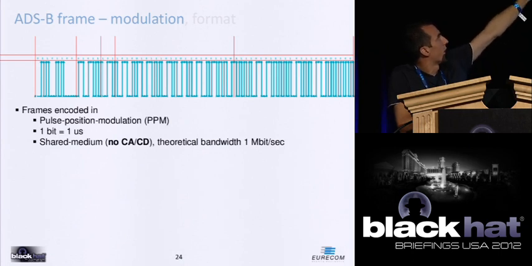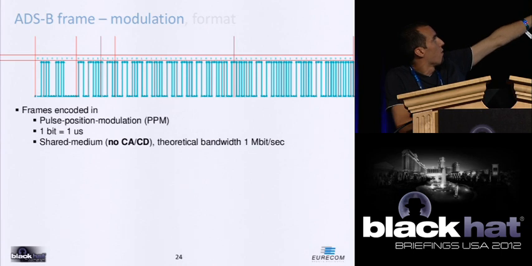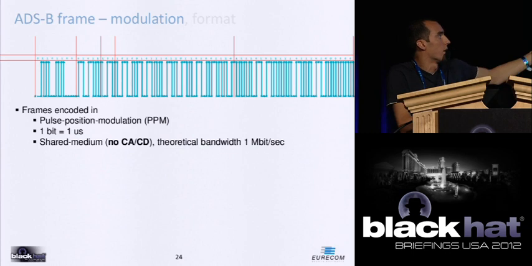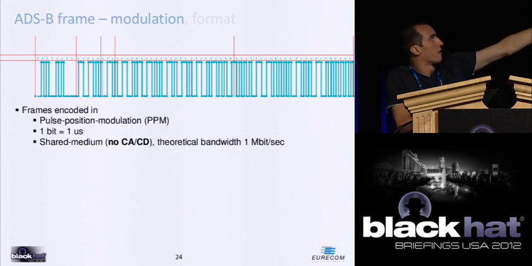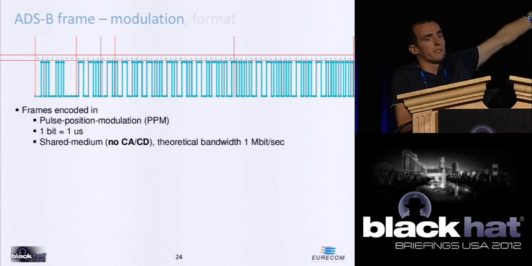For example, if you look at the second red section, there's 0, 1, 0, 1, 1. The first bit is 0 because it has a low to high transition, and the second bit is 1 because it has a high to low transition. And again, 0 is low to high, and 1 is high to low, and 1 is high to low. Basically that's a 56-bit frame, and the first group I'll explain a little bit later what it is.